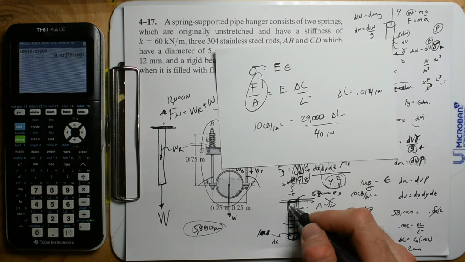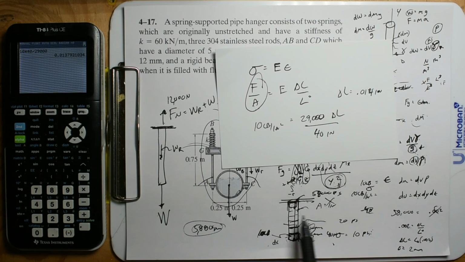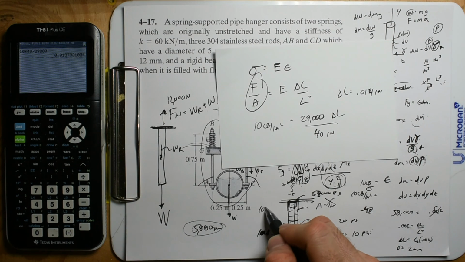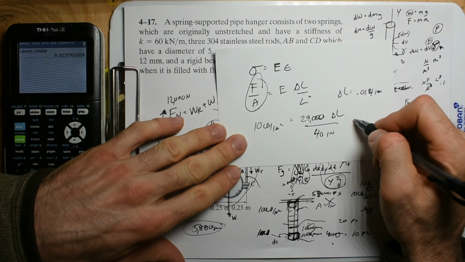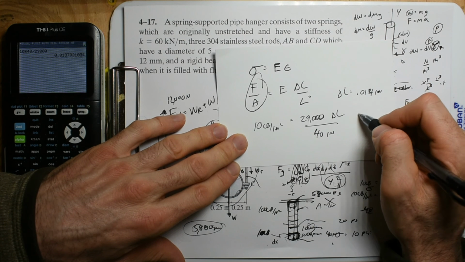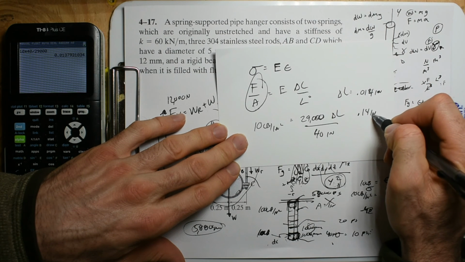And let's do the last one. On the last one, we would have a stress of 100 pounds per square inch. Our change in length would just be 0.14 inches.